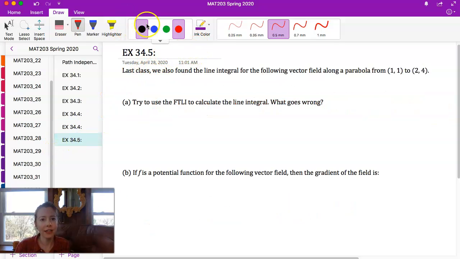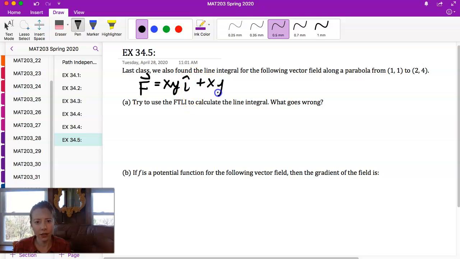All right, so last class, we also found the following. So we also found the line integral for the following vector field, which is going to be vector f along a parabola from 1, 1 to 2, 4. Okay, so this was a position 1, 1 to position 2, 4. And we had f is equal to xy i hat plus x j hat.